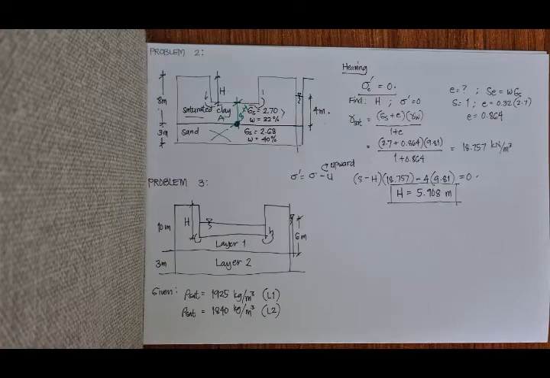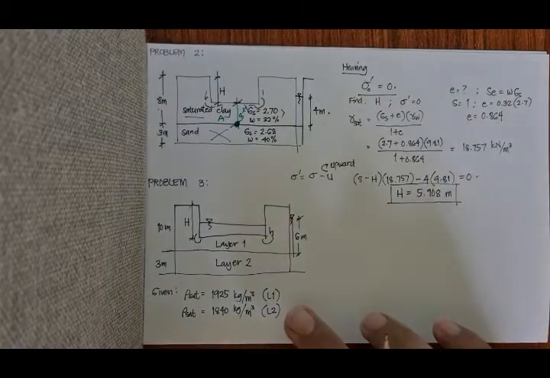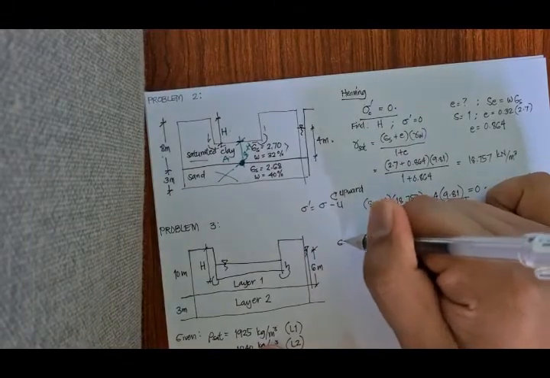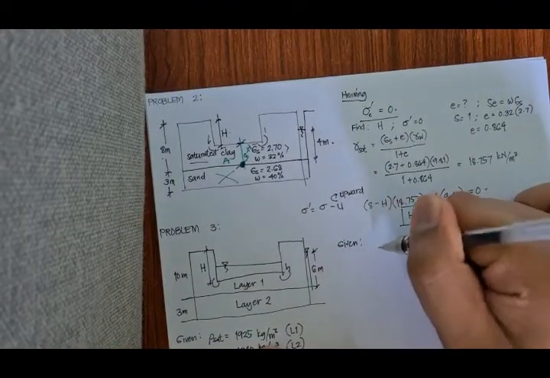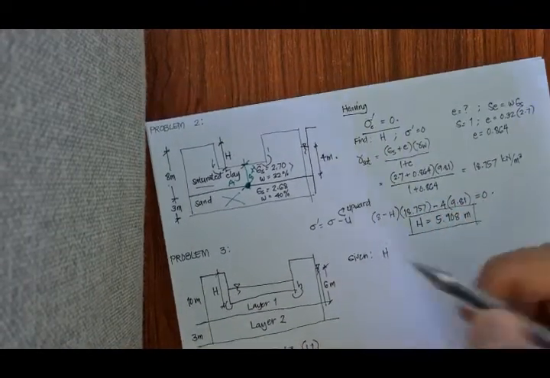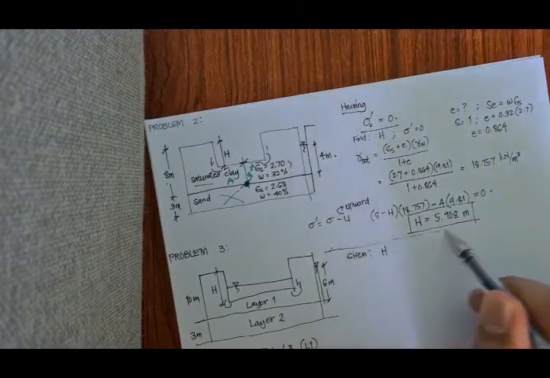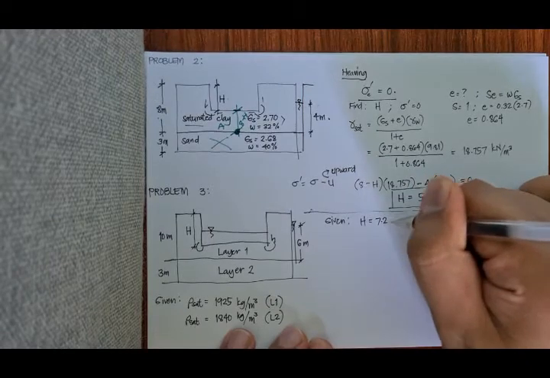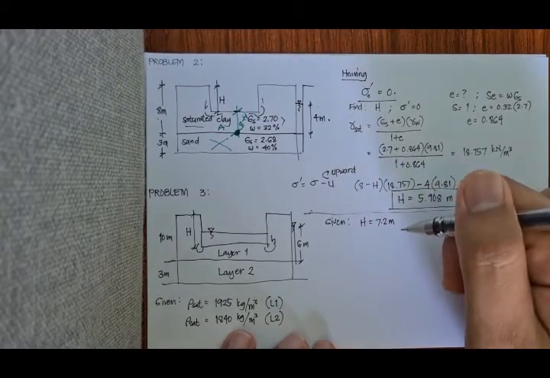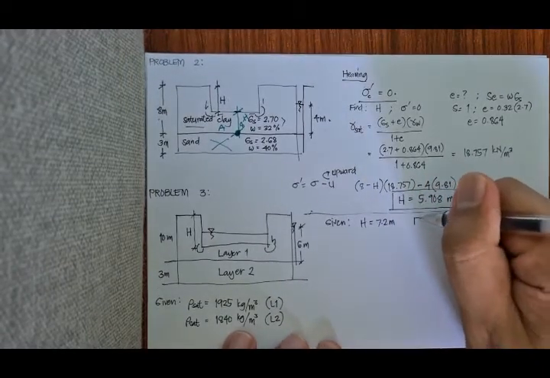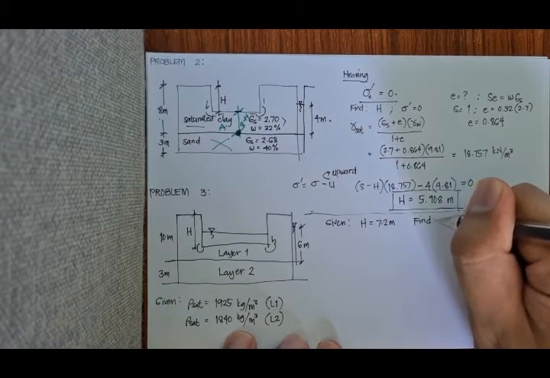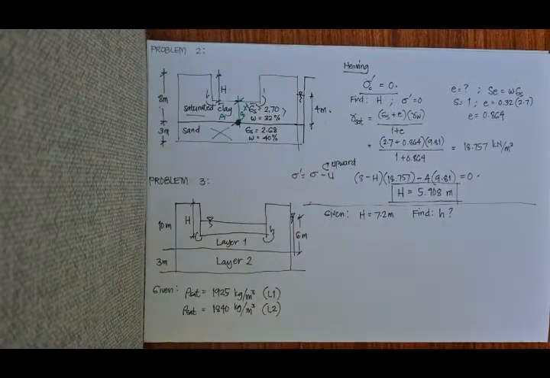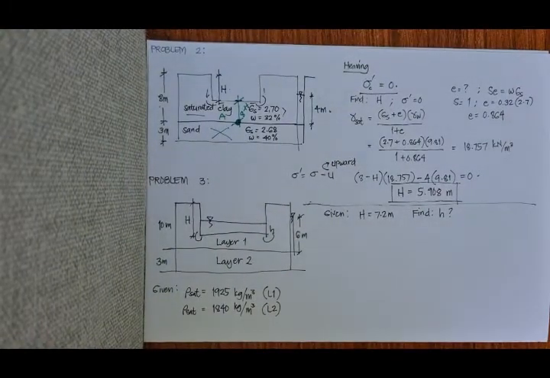So, given that if the height is equal to 7.2, ilagyan muna natin ang division. Yan. Given yung height natin is equal to 7.2 meters daw, ang question is, what would be the height of water needed to prevent heaving?